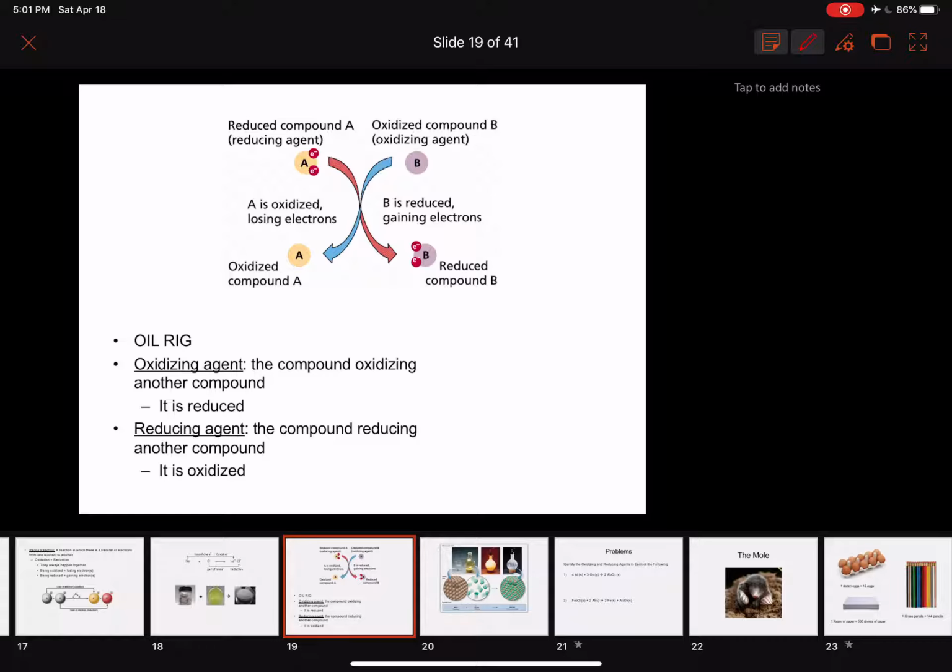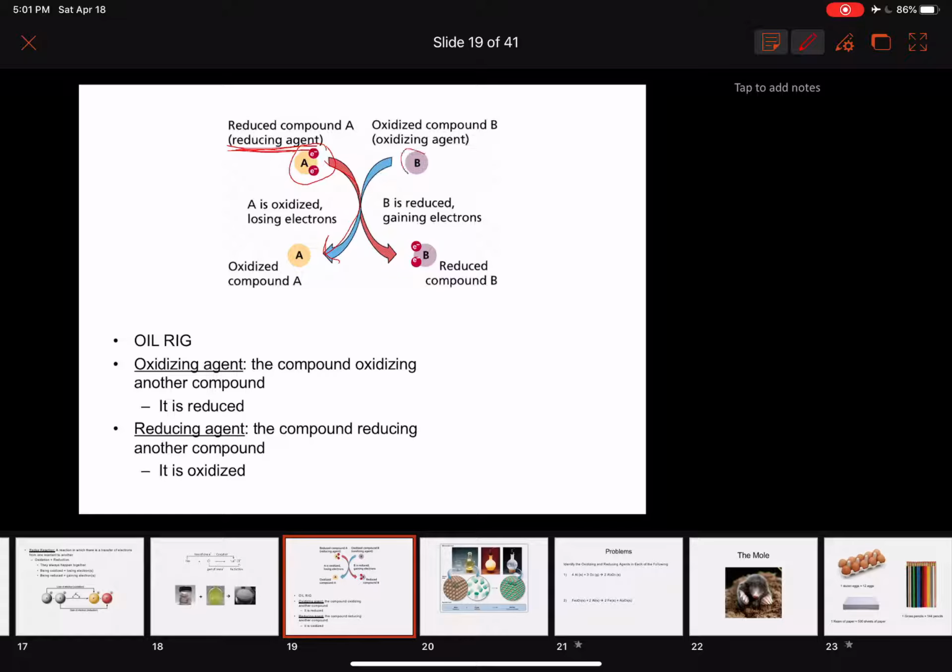So compound A right here is giving away its electrons to compound B. So compound A is being oxidized, but because it's giving away its electrons to somebody else and causing somebody else to be reduced, it is called the reducing agent because it is reducing somebody else, but it itself is oxidized.